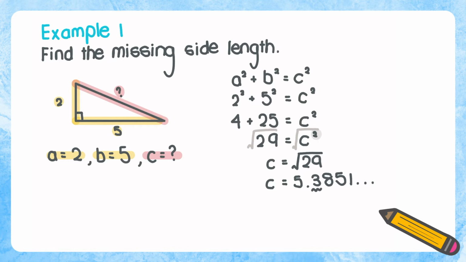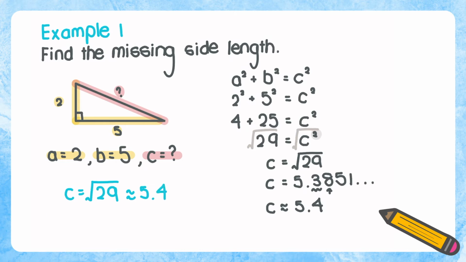So we'll look at the number right after it. We have 8. That means we're going to round up. So as an approximate answer, C is approximately 5.4. So the length of the missing side C equals the square root of 29, or, in other words, approximately 5.4.